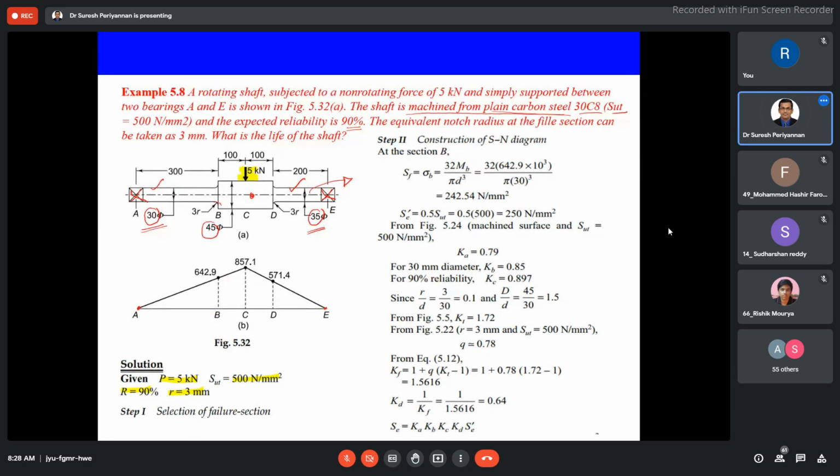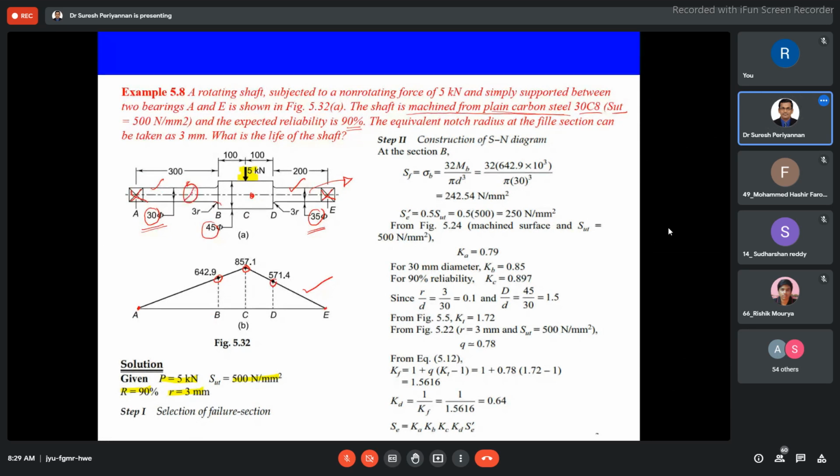Now see here, this is the bending moment diagram, with the corresponding points B, D and C. One more thing I would like to tell you: before, I told you that even without understanding this bending moment diagram, we can generally assume that this is the region of interest.